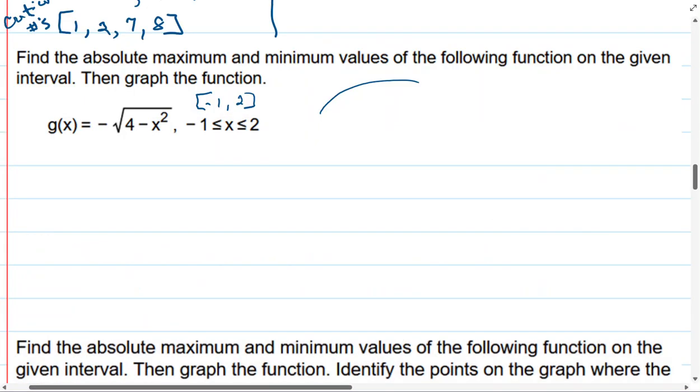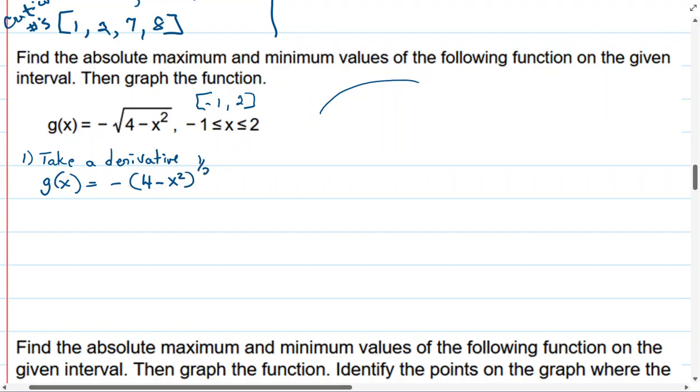All right. So our first step is to take a derivative. I'm going to rewrite it first. And it's flipped. Oh, it's flipped too. All right.